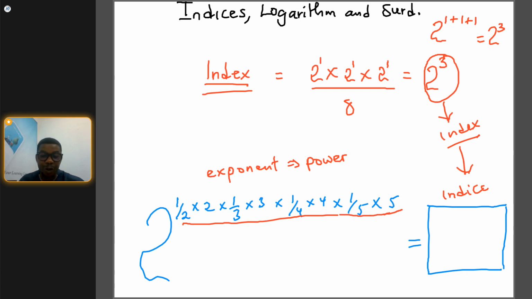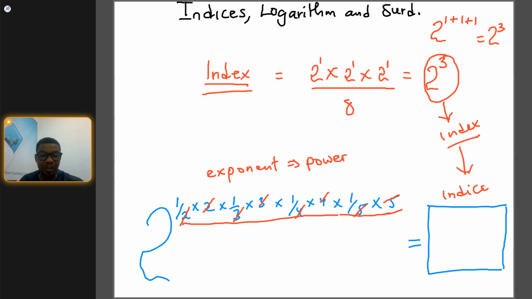And of course, 1 over 2 multiplied by 2, the 2 here cancels the 2. And the same thing here, 1 over 3 multiplied by 3, the 3 cancels the 3. And also 4 cancels 4 and 5 cancels 5.